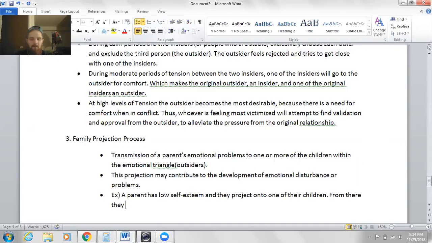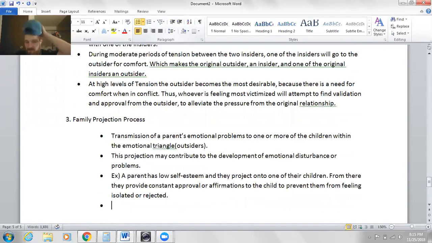From there, they provide constant approval or affirmations to the child to prevent them from feeling isolated or rejected. So a parent has super anxiety and was like, I was rejected as a kid. I don't want my kids to feel rejected. So they overcompliment the kid, which often leads to them being more anxious in the future when people are not providing that constant validation or affirmation.